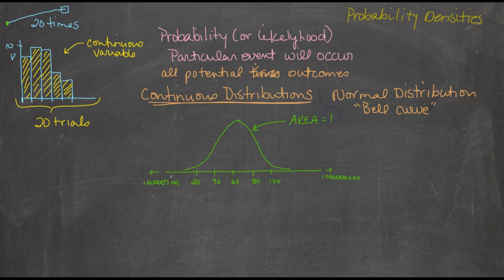Now that may not seem automatically natural for you to think about, but really we're saying 100% of the possible outcomes exist somewhere under this curve, or this curve represents every single possible outcome. Well, 100% of outcomes, if I divide that by 100%, because we don't want to deal in percents, but we want to deal in the decimals of percents, then that equals 1. So we're going to work with decimals as a percent.